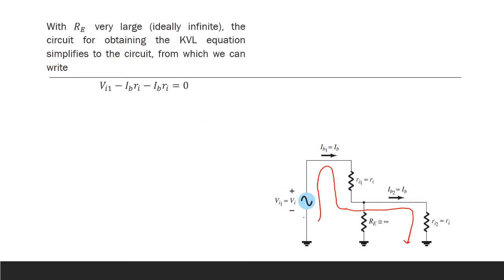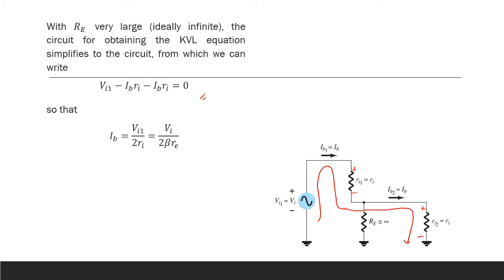So, ang equation natin ngayon is V in 1, positive, minus IB R in 1, minus IB R in 2. So, yun yung equation natin, equal to 0. So, this is our equation ngayon.